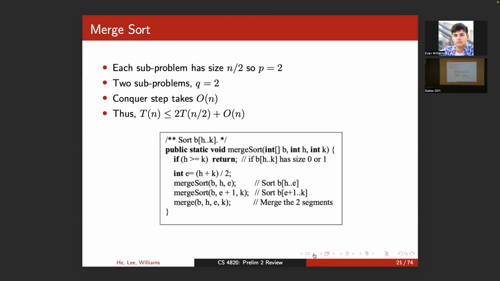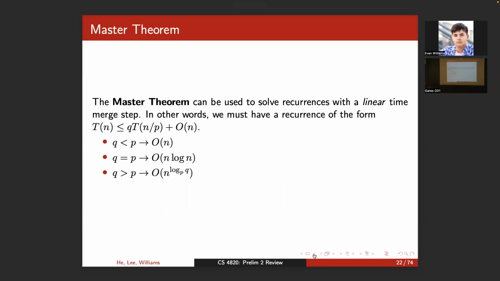Okay, so now we're going to go over one tactic that you can use, the Master's theorem. The only thing is that this only works for recurrences with a linear time combine step, so you're kind of limited in this aspect. If you want to memorize this, you can. There's also going to be a more general method we're going to talk about in a second.